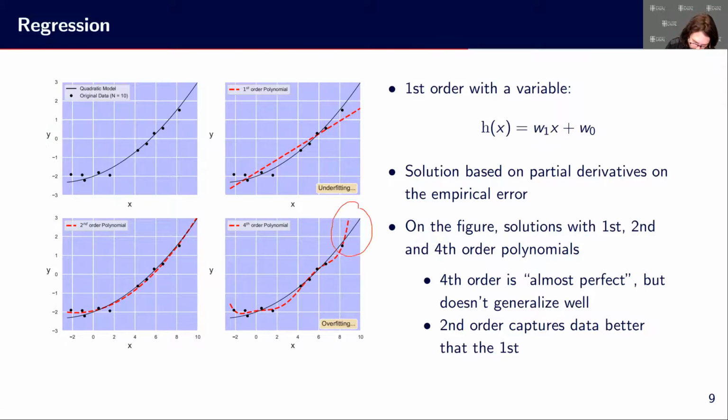It can be quite off, especially here, if we extrapolate that way, while the reality is going there, it will be really bad on the left regions. So possibly it is not a good model in terms of generalization. There is what we call overfitting. And to finish, we can say that in fact, second order captures data better than the first one, while not being too strongly fit on the data. So it is not likely to be overfit here. It seems to be a good model complexity.